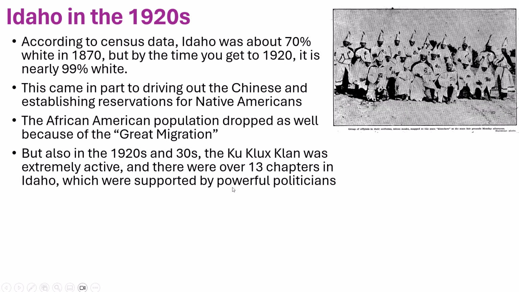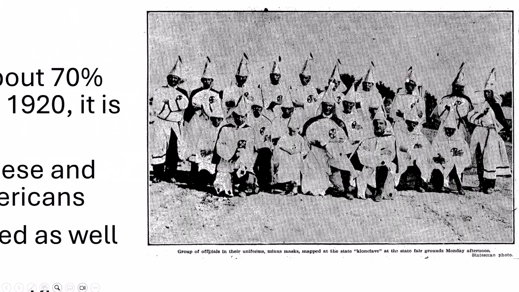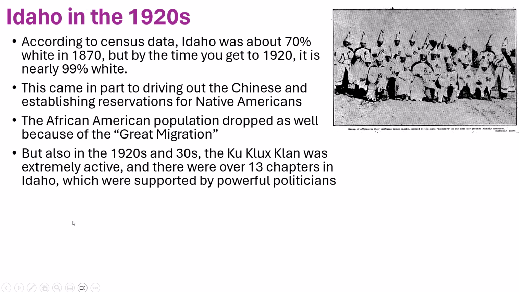So here is them without their hoods on, which you can see means they're not afraid to show their faces. "Group of officials in their uniforms minus mask snapped at the state Klan cave in the state fairgrounds Monday afternoon." That is directly from a newspaper at the time. They're meeting at the state fairgrounds.